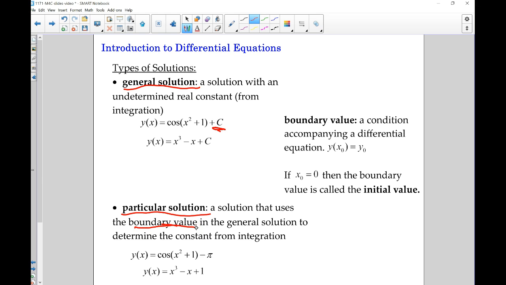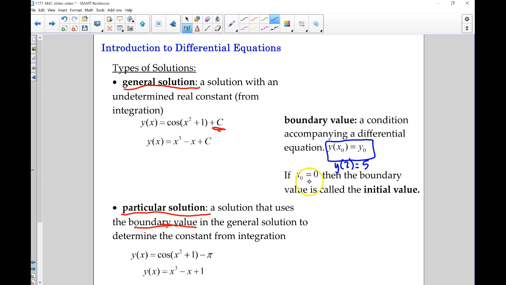When we found specific antiderivatives, we used the language of initial condition or something like that. In solving differential equations, we actually have the language of boundary value. So a boundary value just means that we're given something that looks like this: y of a number, so again this could be like y of 2 is equal to 5, where we just have some input for x and an output for y.